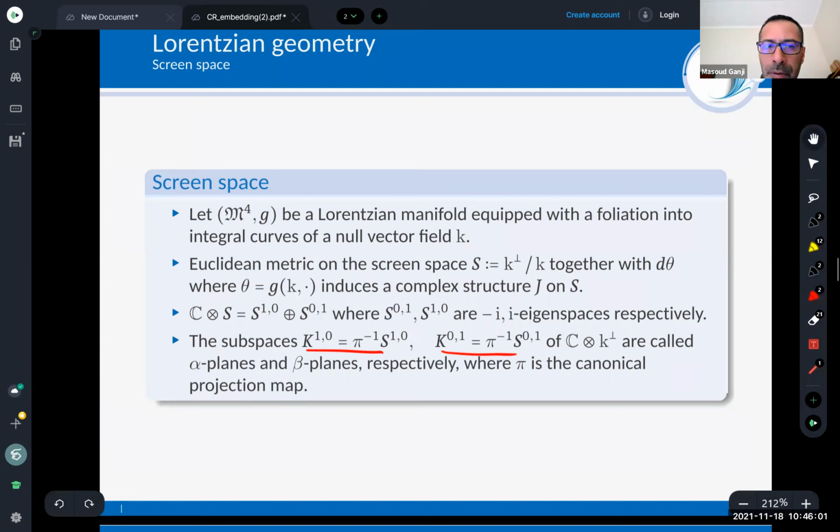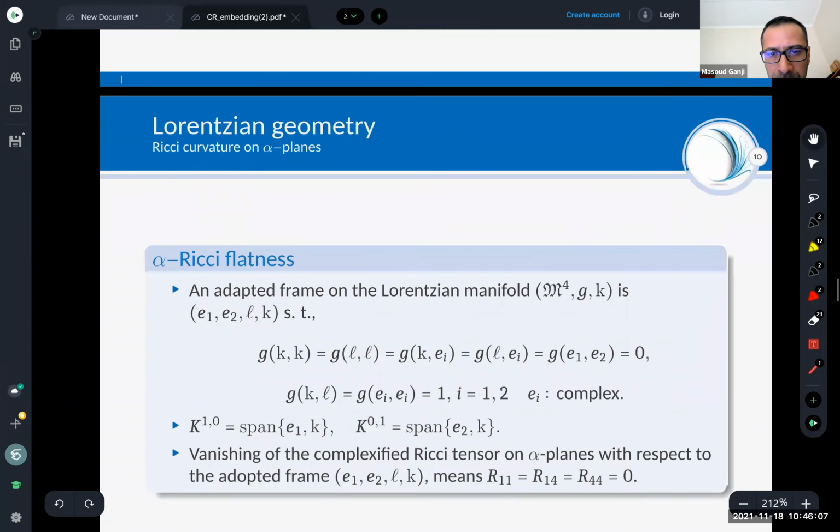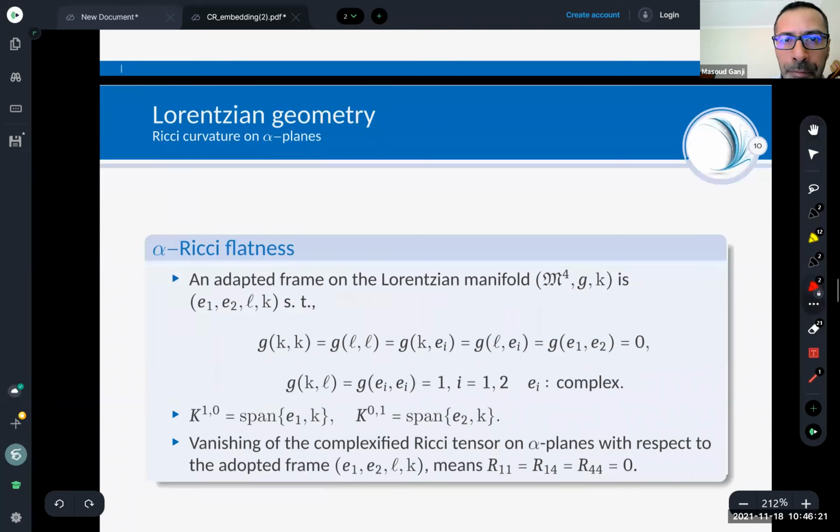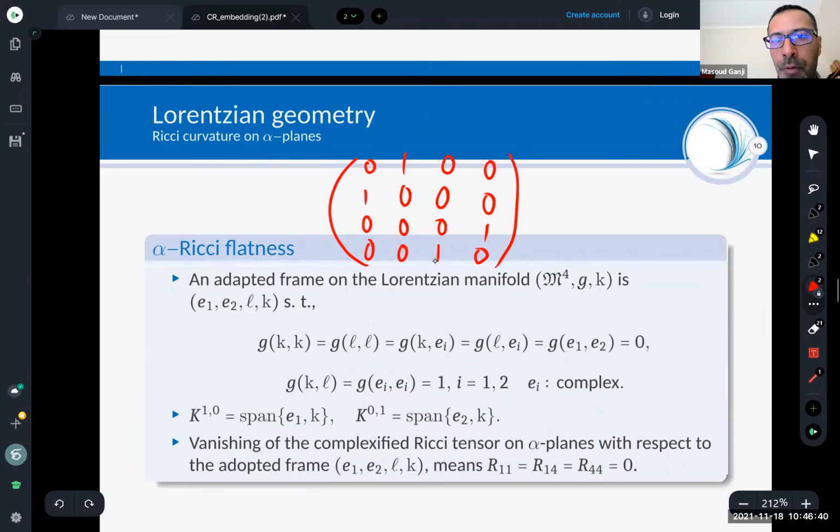If you have a Lorentzian manifold with K null, we introduce this frame. L is a real null vector. Let me write the metric carefully here. If I write the matrix, it is of this form: 0, 0, 1, 1, 0, 0, 0, and of course 0 here.